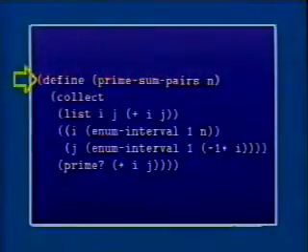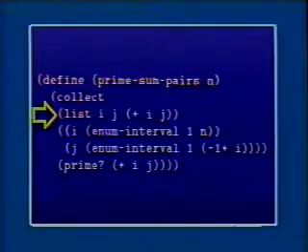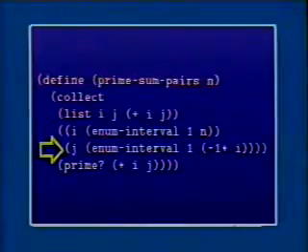It says, to find all those pairs, I'm going to collect together a result, which is the list i, j, and i plus j. That's going to be generated as i runs through the interval from 1 to n, and as j runs through the interval from 1 to i minus 1, such that i plus j is prime.